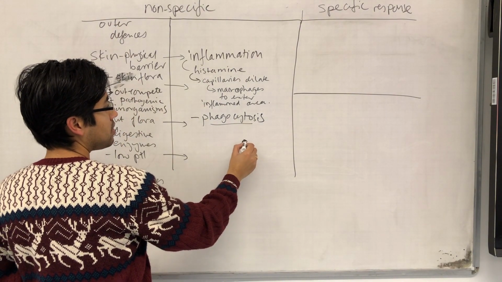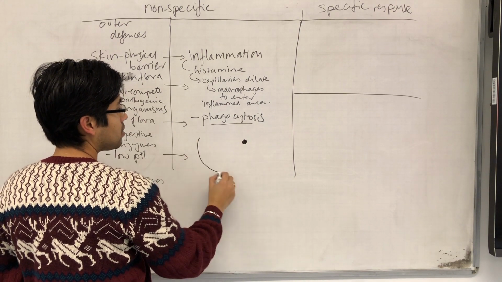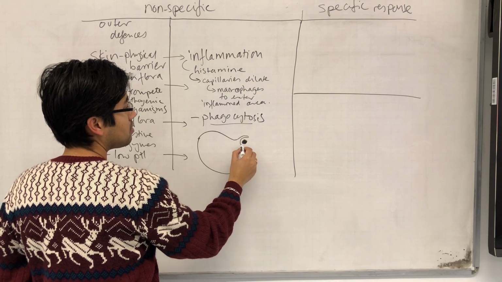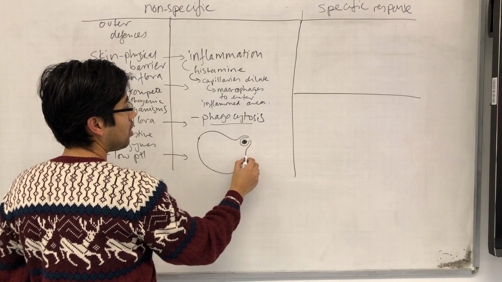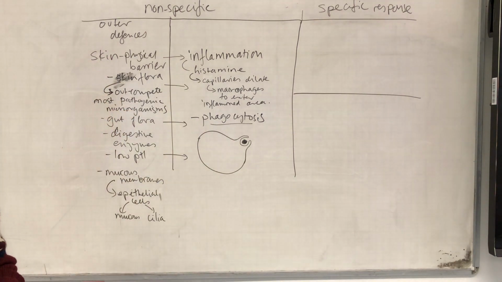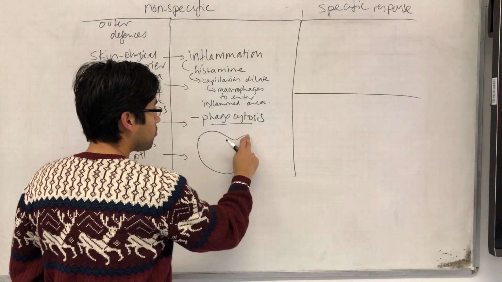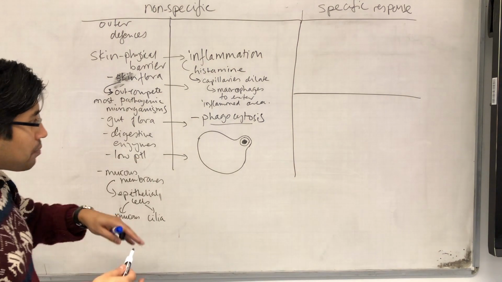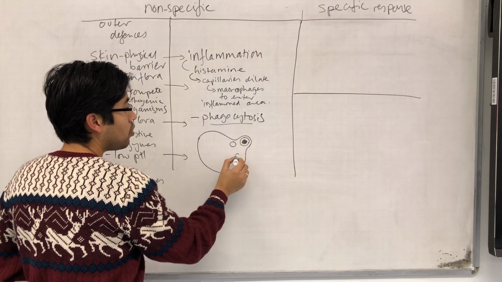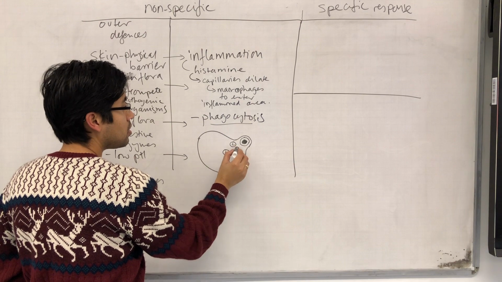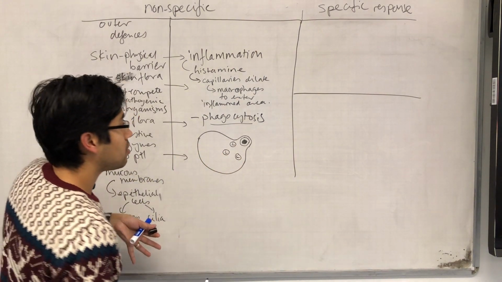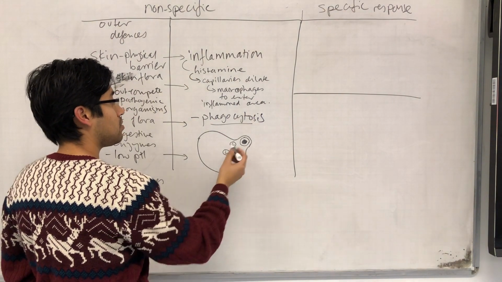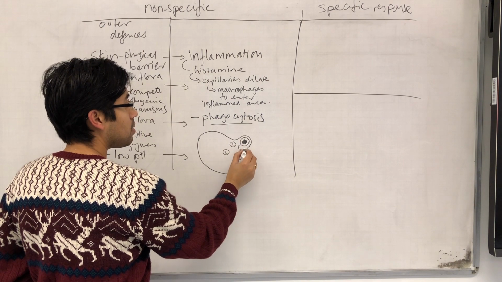So if this is a pathogen, a macrophage would be a quite large cell in response, and what it does is it starts to wrap its outer cell surface membrane around the pathogen. Yeah? And then eventually it will fully engulf the pathogen, and once that pathogen is inside, the organelles, which we call lysosomes, go towards this compartment and fuse with it.